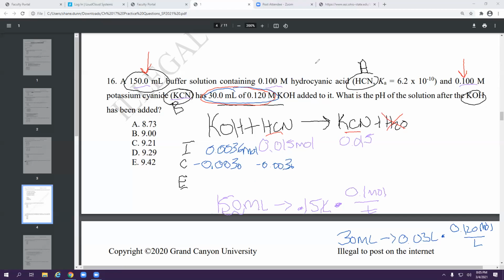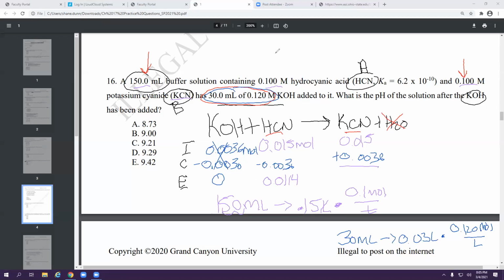I lose reactants but gain products. This crosses out. Right here, I'll get 0.0114.